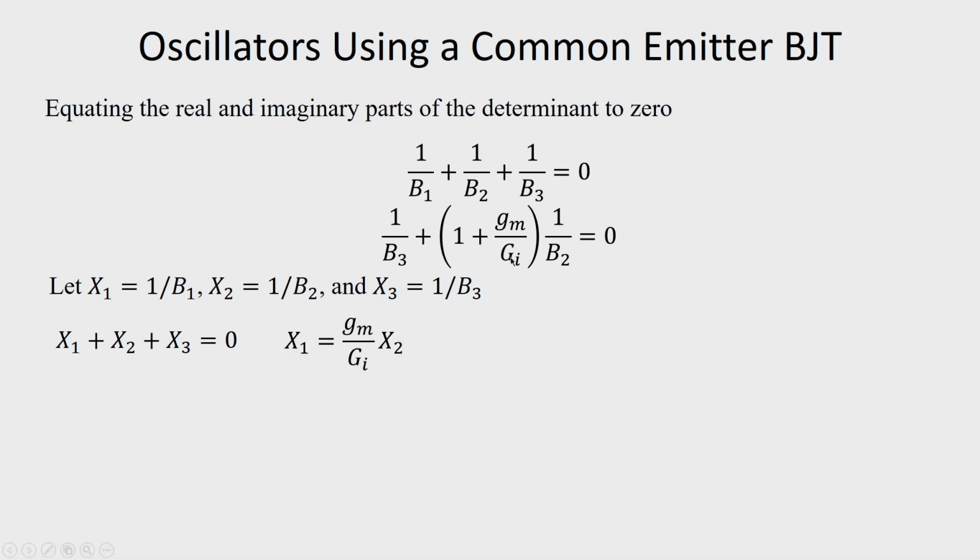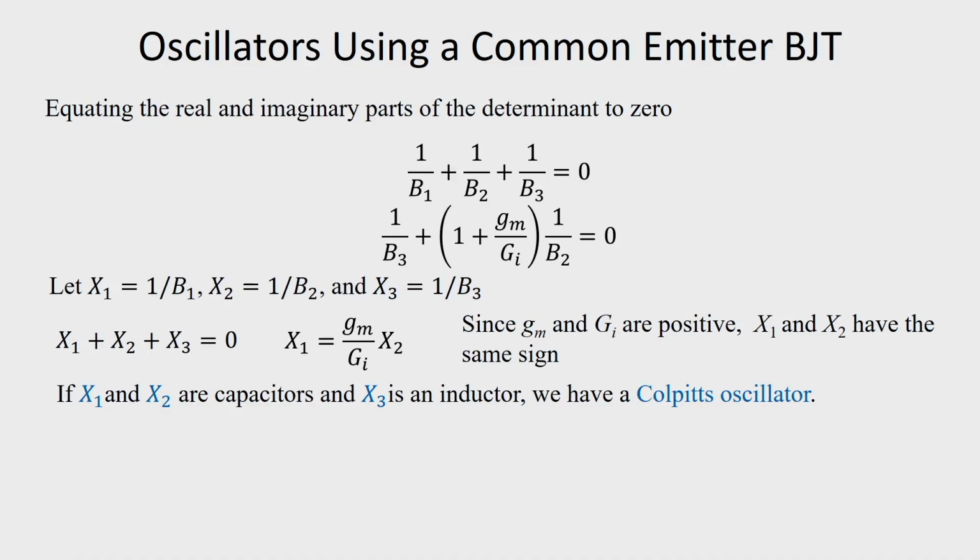And also we get, after substitution in the second equation, x1 is equal to Gm/GI x2. Now, here Gm/GI will be a positive quantity and therefore, x1 and x2 will be of the same sign.